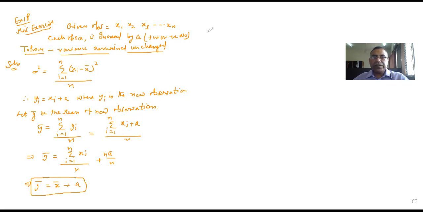So new variance, sigma square, is equal to sigma i equal to 1 to n, yi minus y bar whole square, upon n. So substitute the value of yi. This is xi plus a.